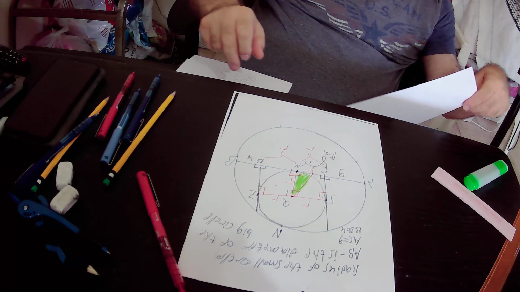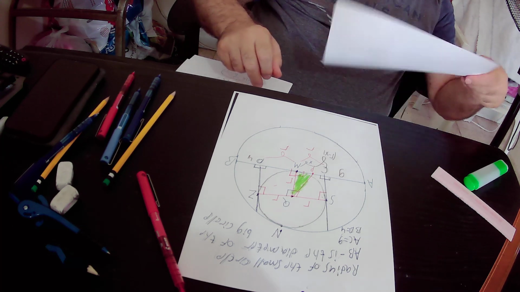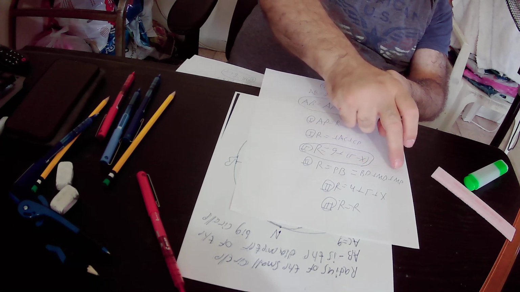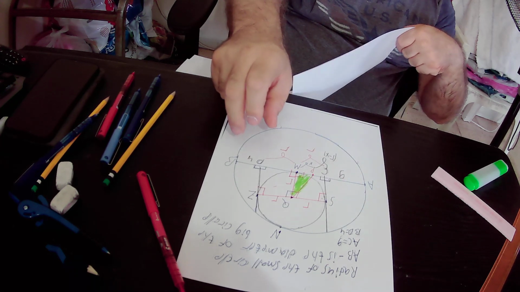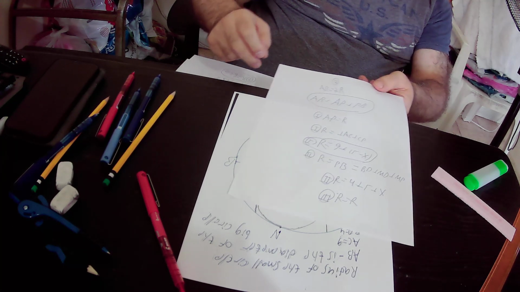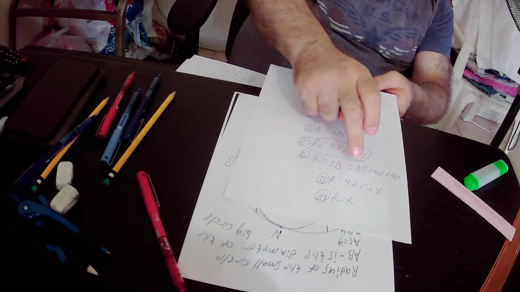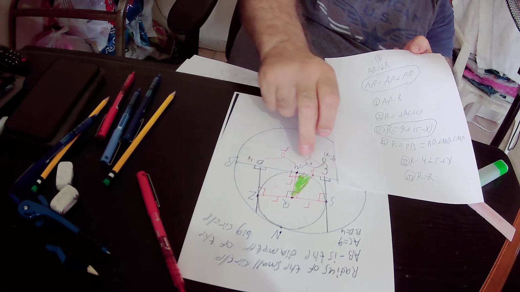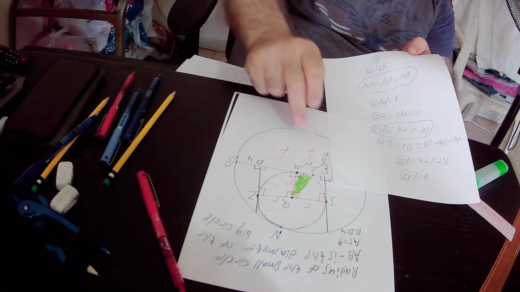PB actually equals BD plus MD plus MP. We know that BD equals 4 units, MD is the radius of the small circle, and PM equals X according to our definition.